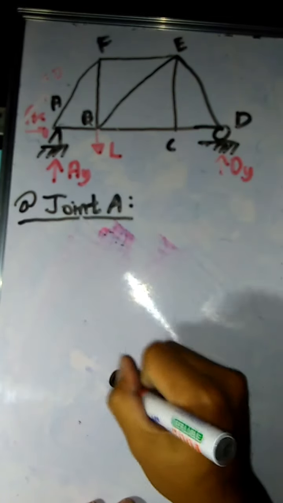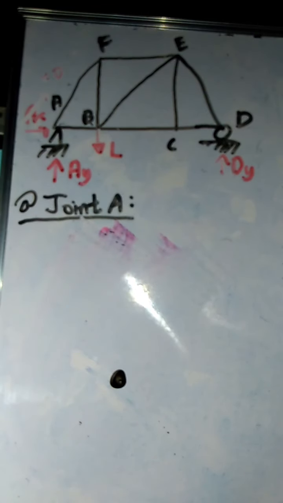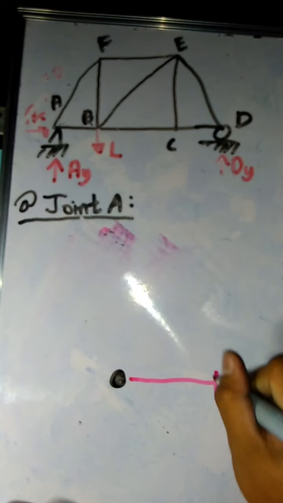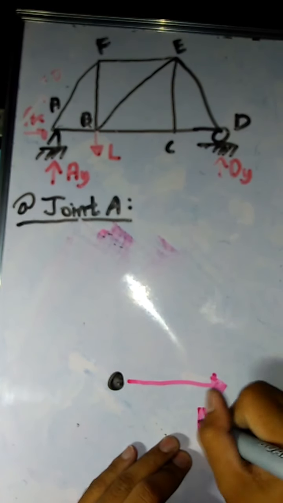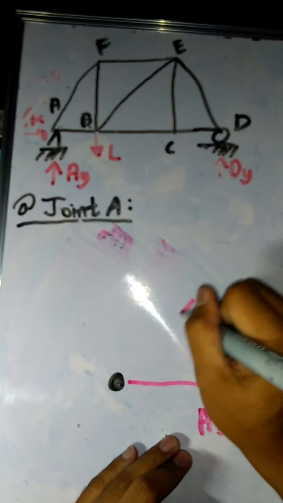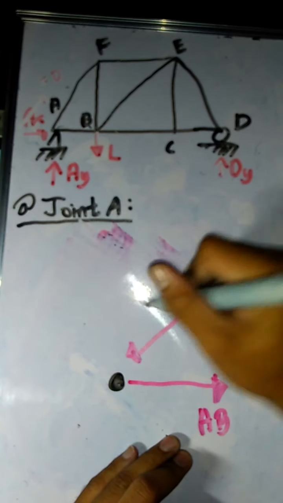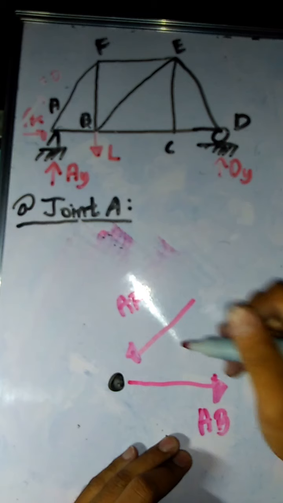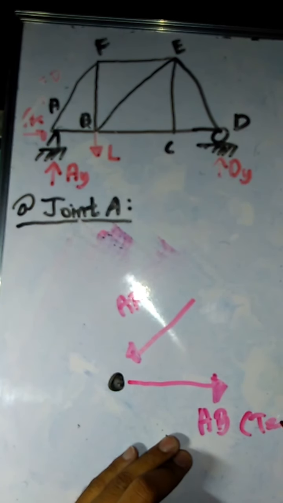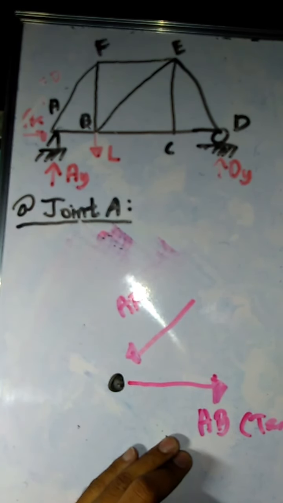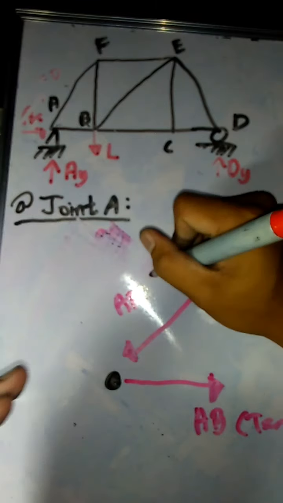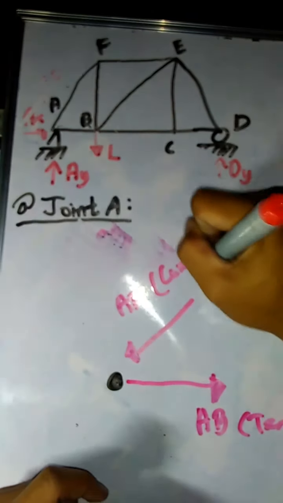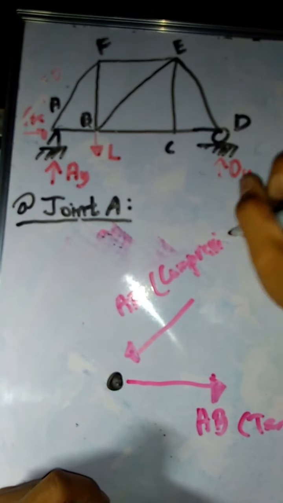Example, this is the joint. Tension siya kapag away from the joint. Tapos kapag towards the joint, this is AF, this is compression. Again, tension ito kapag palayo or lumalayo sa joint, pero compression kapag it is going towards the joint.